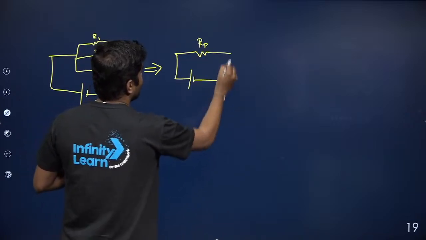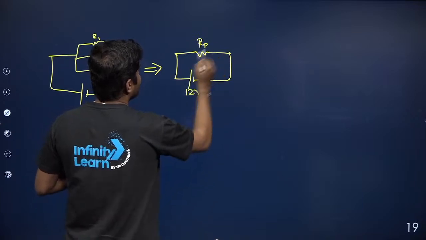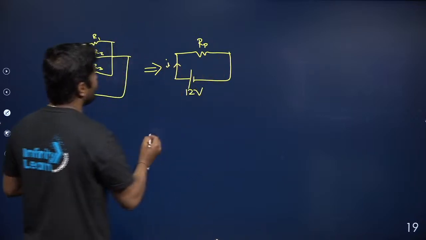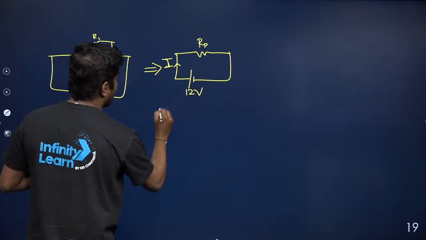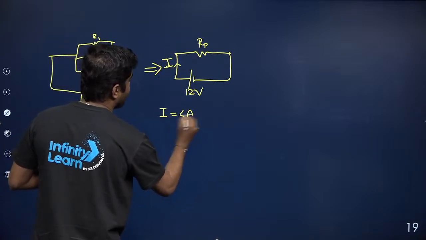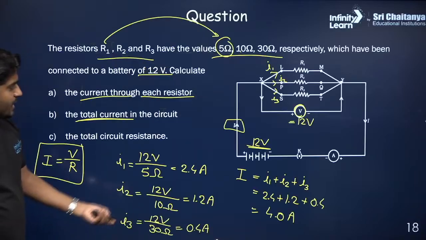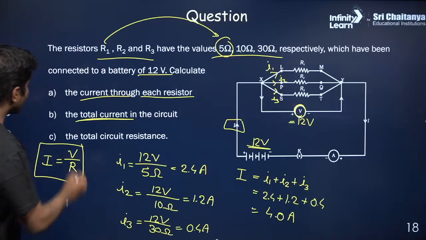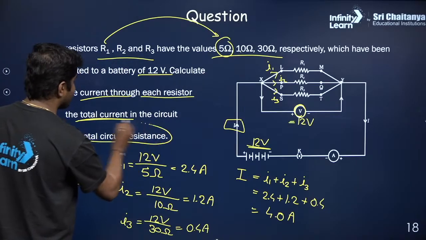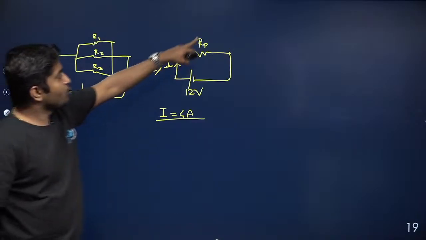The total voltage is 12 volts, and the total current I we found out to be 4 amperes. So now we want to calculate the total circuit resistance, that is, RP.